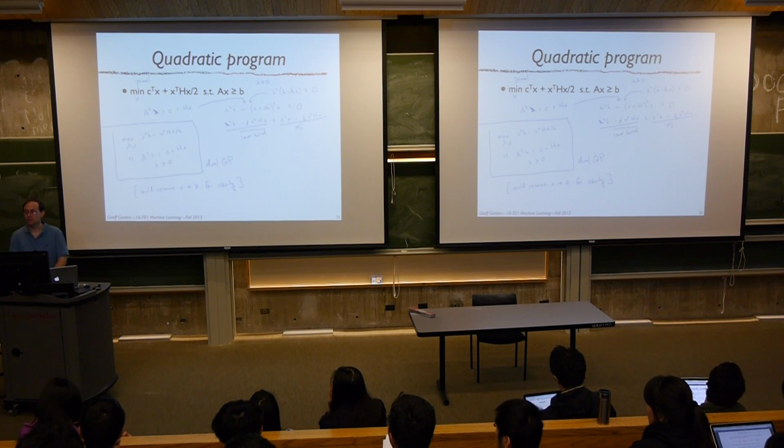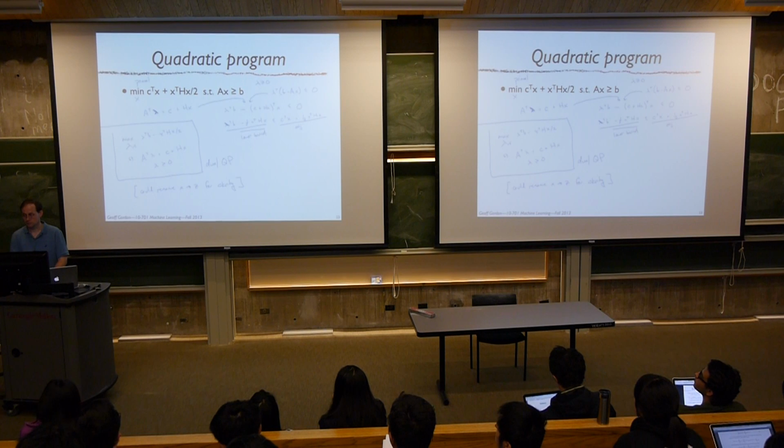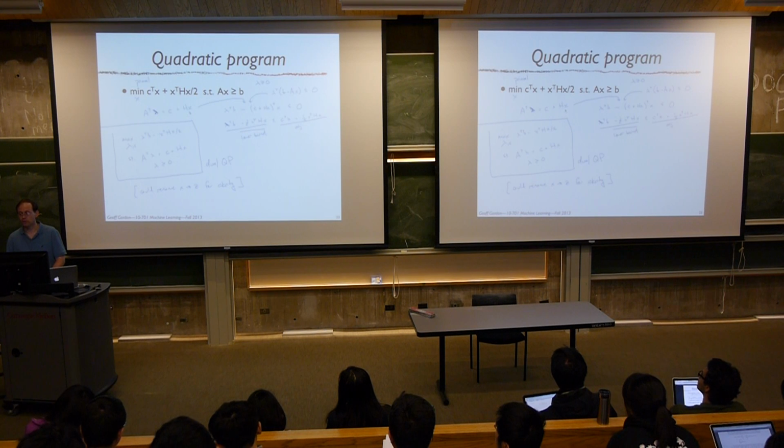So that conjunct A transpose lambda equal to C plus HX. Yeah. It's true only for AX equal to B. So this is an assumption that we're making on lambda and x. We have to choose x so that C plus hx is in the range of A transpose, and we have to choose lambda such that we get that equality.